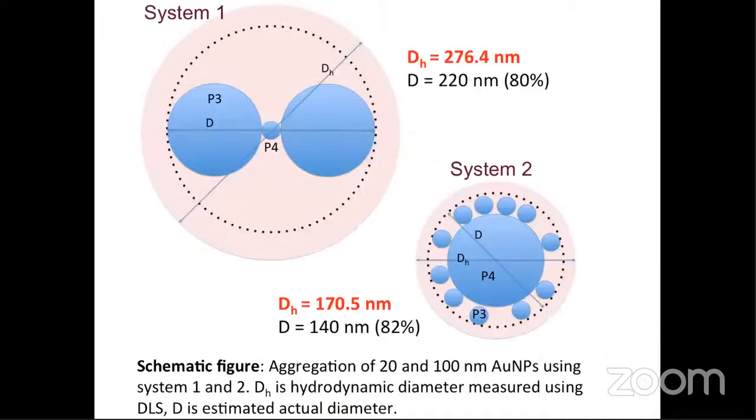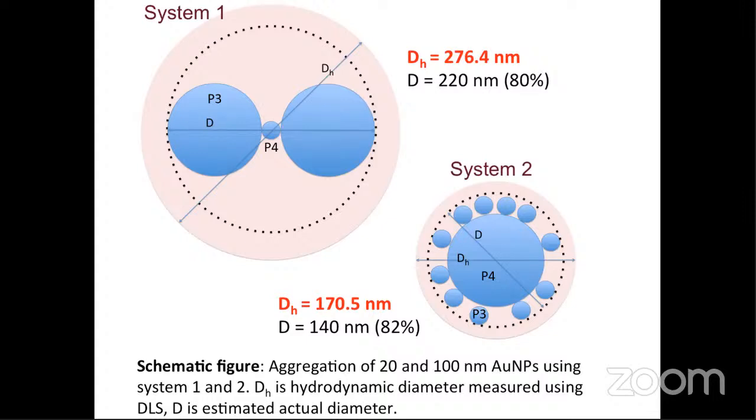So what else can we do? Because peptide 3 and peptide 4 bind to mercury in slightly different ways, we can immobilize, for example, peptide 4 on a small nanoparticle, in this case 20 nanometers, and peptide 3 on a much bigger nanoparticle, in this case a 100 nanometer gold nanoparticle, and we can do this vice versa.